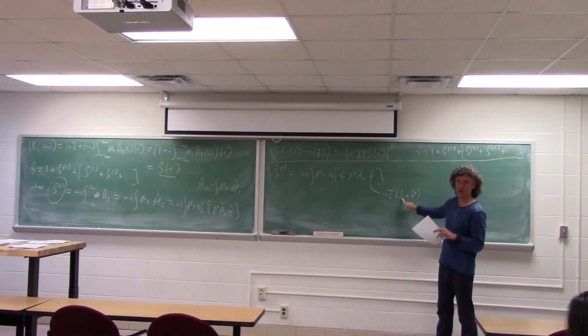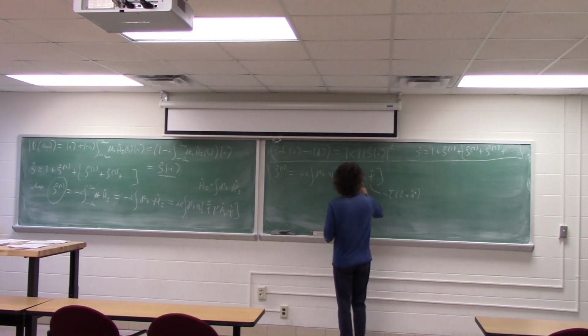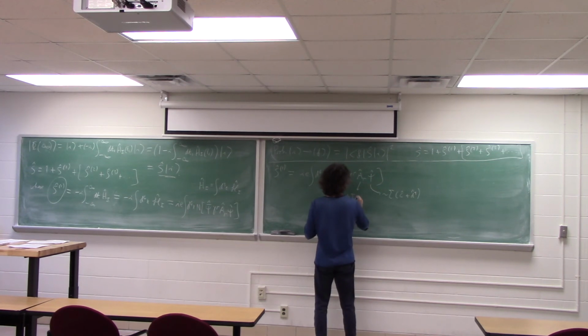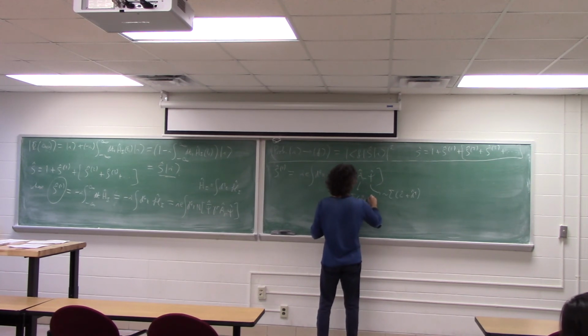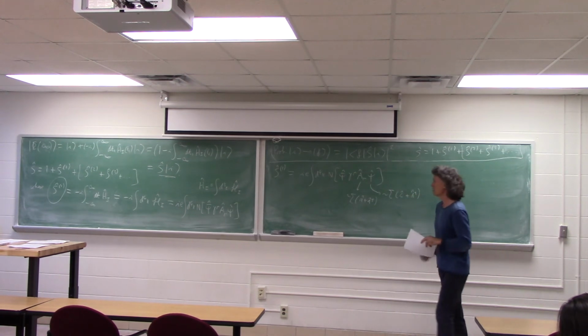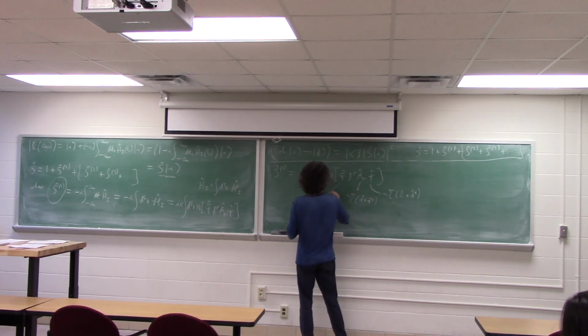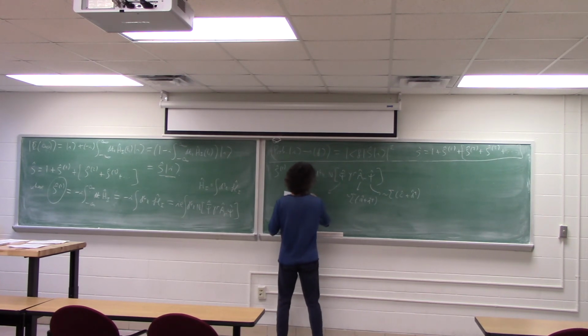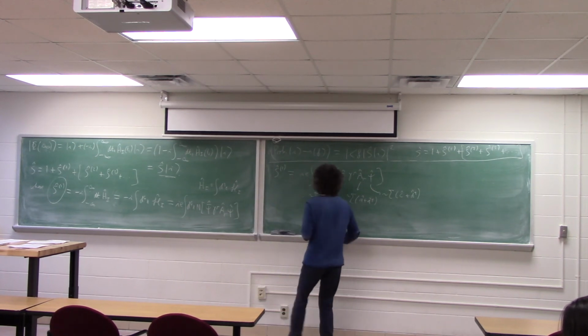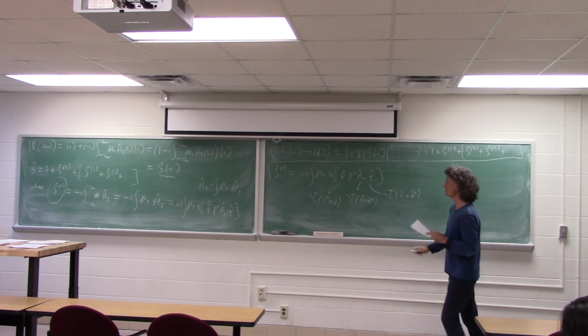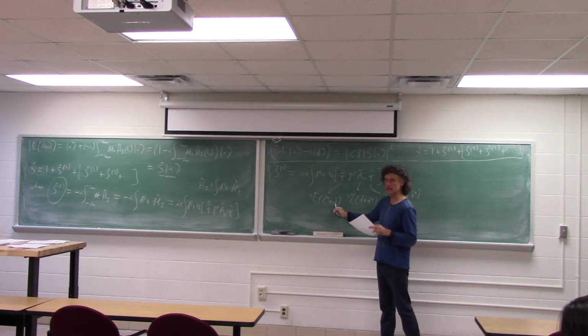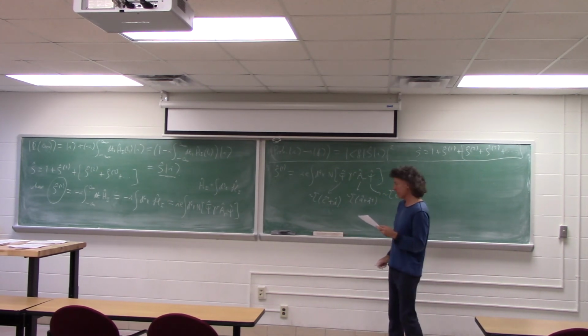C is the annihilation operator for an electron, D dagger is the creation operator for the positron. The A mu is a sum of A plus A dagger, annihilation and creation operators for photons. Psi bar is a sum over C hat dagger plus D hat, where C dagger creates electrons and D annihilates positrons.